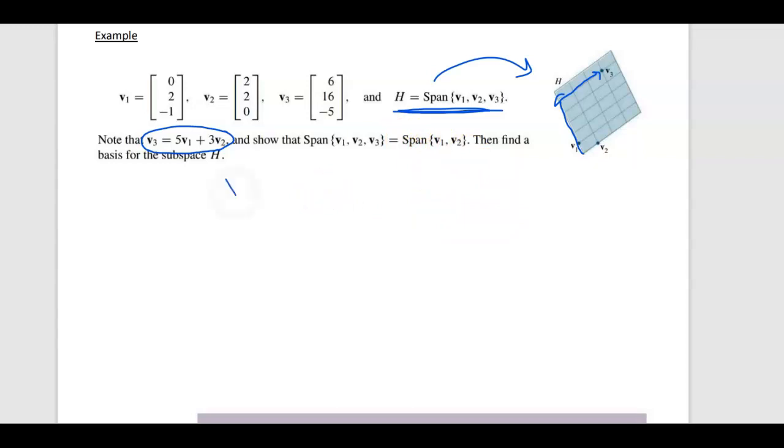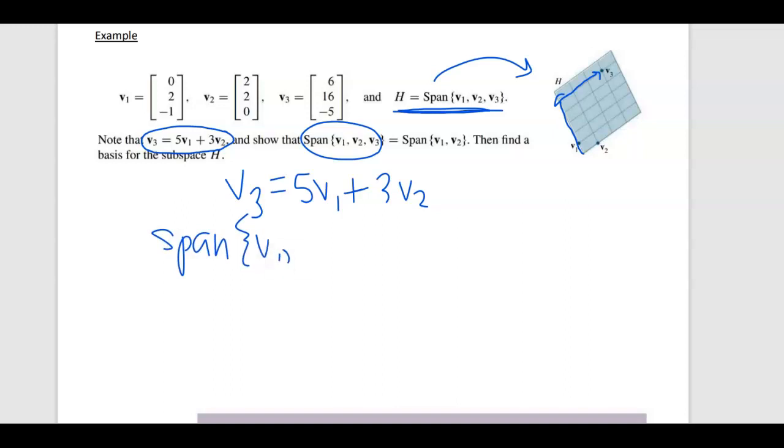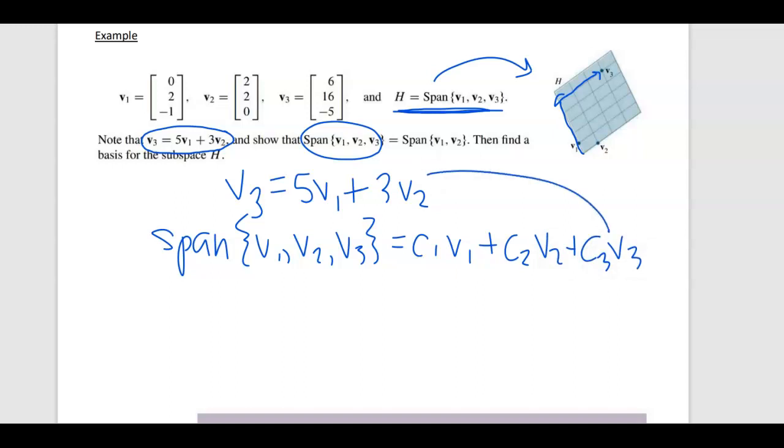Well, that's because V3 is equal to this vector set. So the span of V1, V2, V3 is some linear combination, but V3 is just V1 and V2.